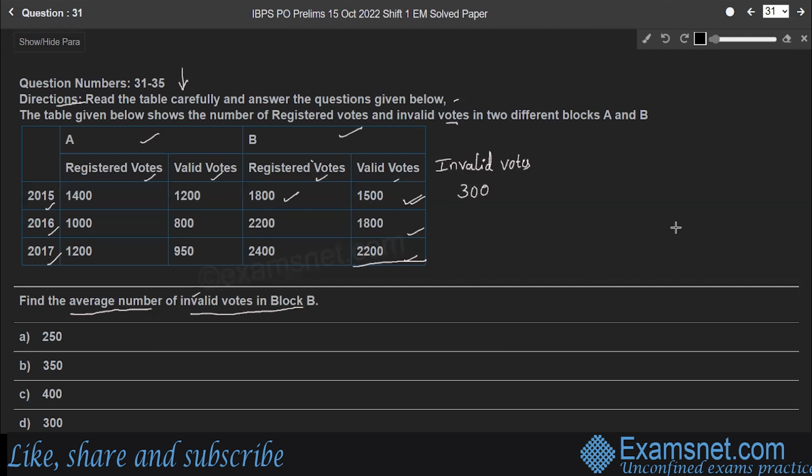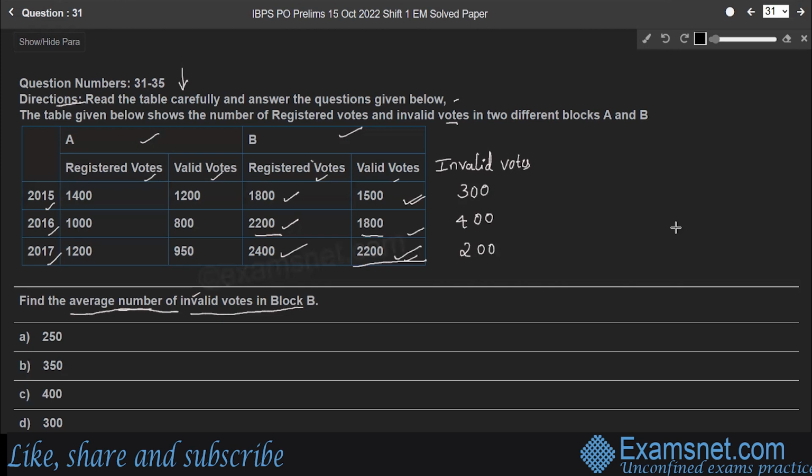In 2016, total registered votes are 2200, valid votes are 1800, therefore the remaining 400 votes are invalid. In 2017, 2400 registered votes, and 2200 are valid, so the remaining 200 votes are invalid.